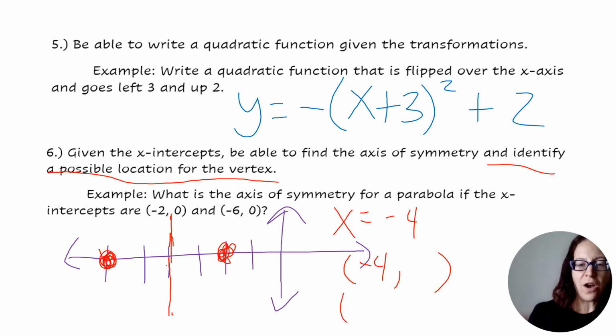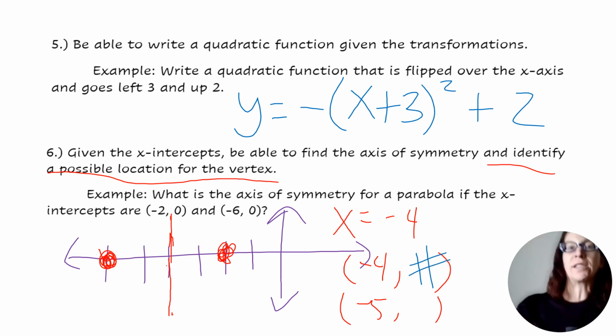If you saw a bunch of different answer choices and they all had different x-coordinates, you would want to pick the x-coordinate that matches the axis of symmetry, because the vertex is on the axis of symmetry. So it doesn't even matter what that other number is. That would be a possible vertex for you to have.